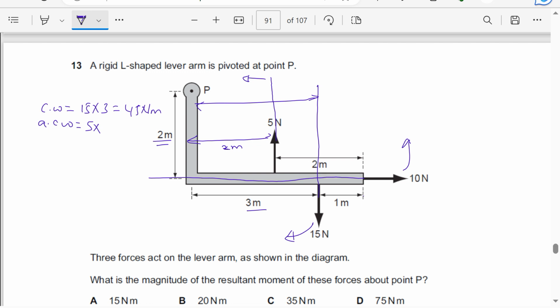So this is going to be 5 times 2. Then this other force is also causing an anticlockwise moment, so that is 10, and the perpendicular distance here is 2. So this gives us 30 Newton meters.